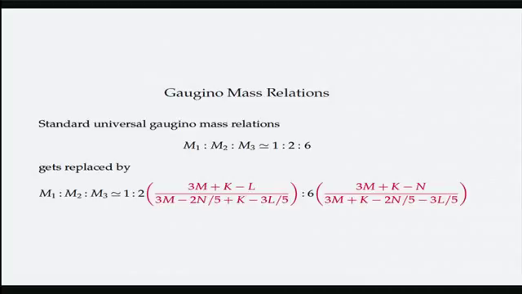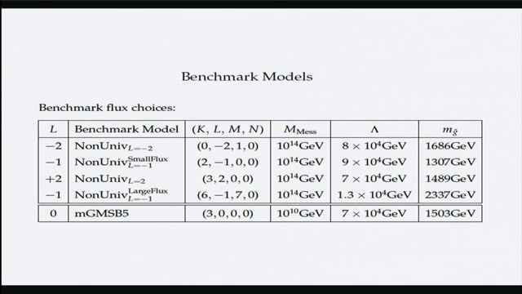It's different from what you've looked at, say, in your SUSY class on gauge-mediated SUSY breaking. So this is just a choice of these integers K, L, and N, and as I said, this is high scale gauge mediation, so the messenger scale, which is the mass of the messenger fields, is almost sitting at the GUT scale.